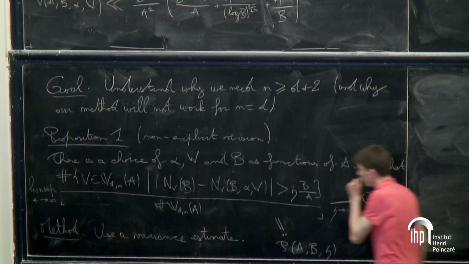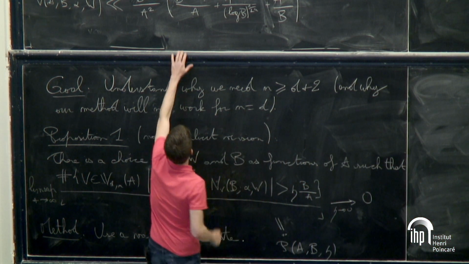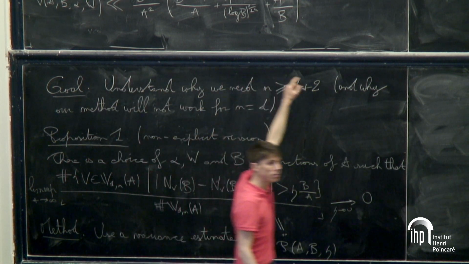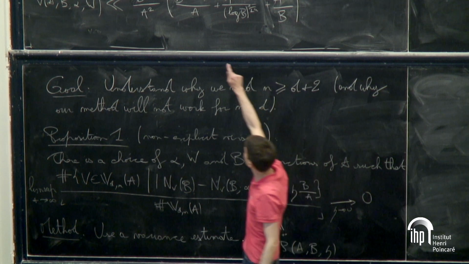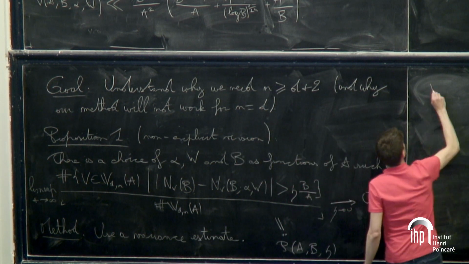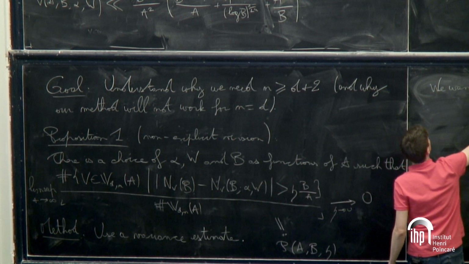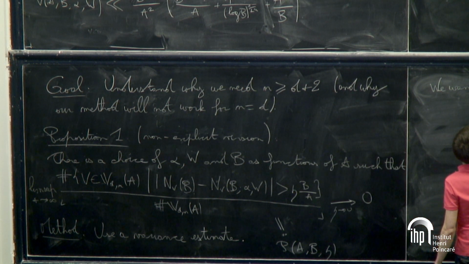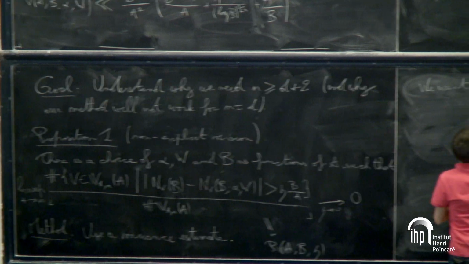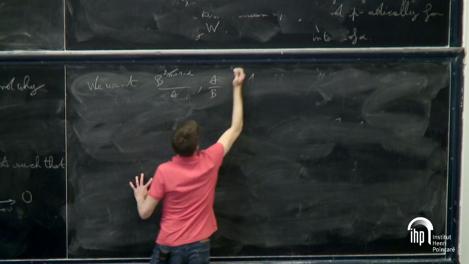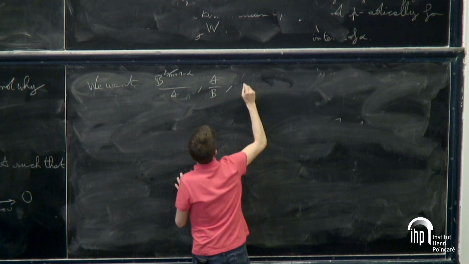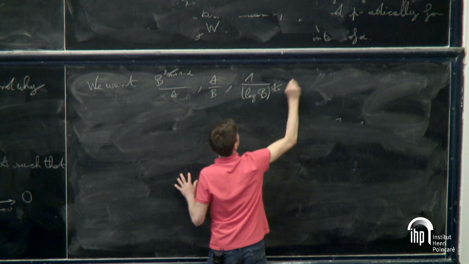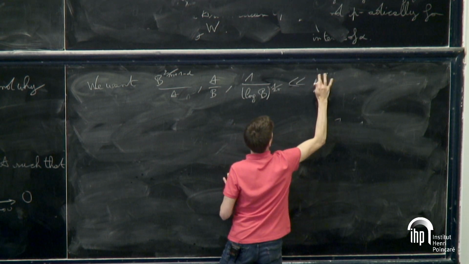Okay, so if you remember from proposition 3, we needed the variance to be smaller than b squared over a squared times eta cubed. Okay, so in the end we want each of these 3 terms to be less and less than eta cubed. We want b to the 2 over n plus 1 minus d over a, a over b, and 1 over log b to the 1 over 2n to be less and less than eta cubed.